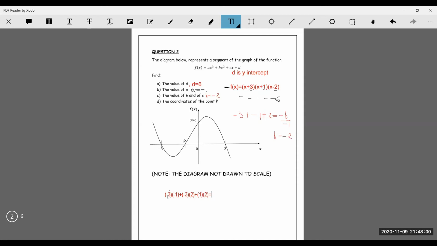That's going to be equal to positive C over A. So it's minus C, right?